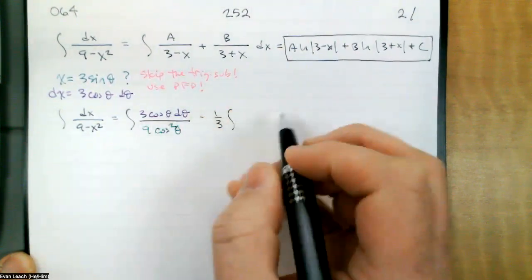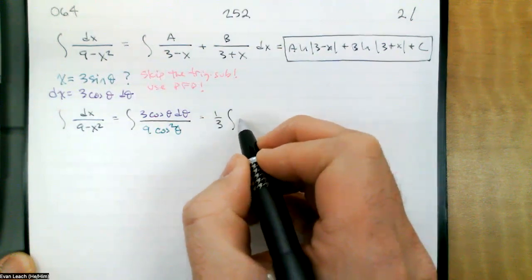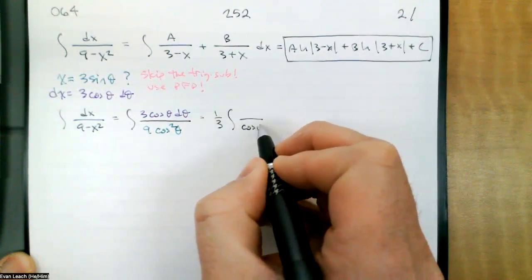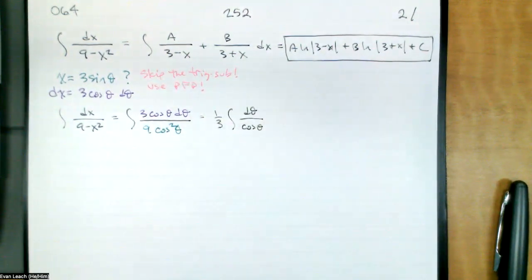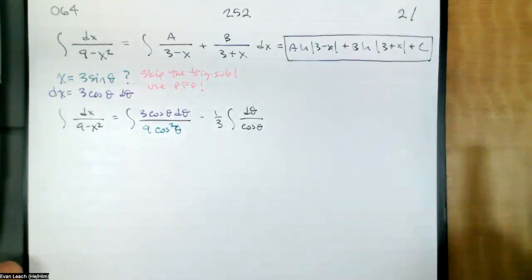And then the integral of 1 over cosine. But what is 1 over cosine? Secant. And what's the integral of 1 over secant? Or sorry, what's the integral of secant? Natural log of absolute value of secant theta plus tangent theta.